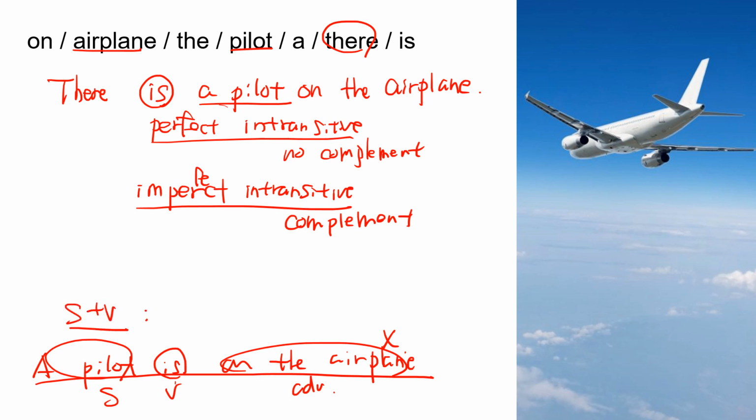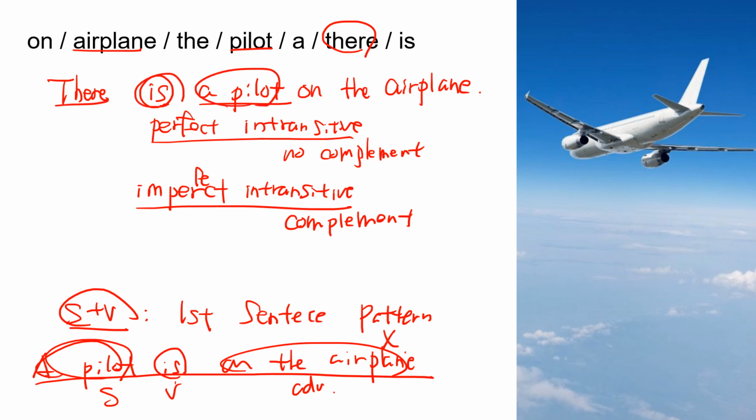This is the first sentence pattern. The first sentence pattern is only subject and verb. So there, subject and verb. There is a pilot on the airplane. There is a. So read this as "is a". There is a pilot on the airplane. Is a. There is a pilot on the airplane.